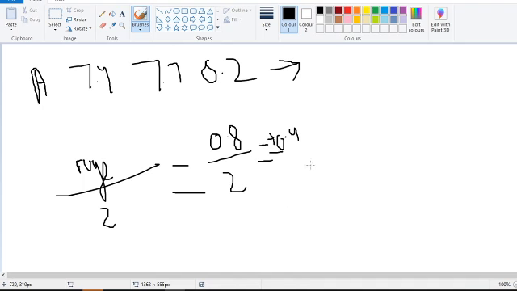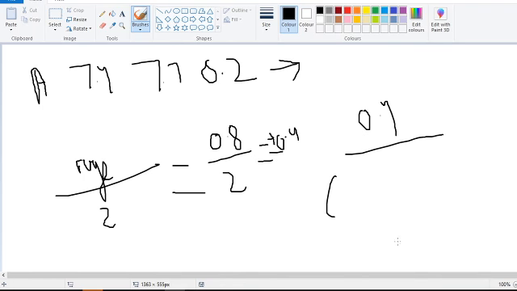As a fraction, that is 0.4. And as a percentage uncertainty, that would be 0.4 over the mean of all of these values: 7.4 plus 7.7 plus 8.2, and then that divided by 3.